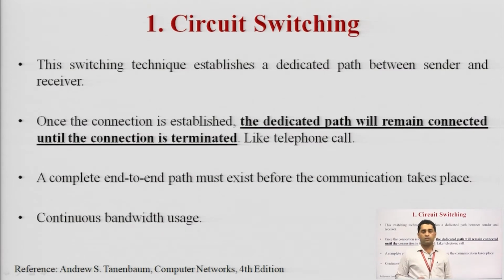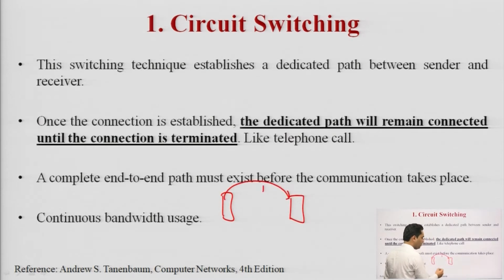Circuit switching. In layman's language, you can understand it like this: I am calling my friend. The phone rings, my friend answers the phone and a complete loop is formed. Now, whatever I am saying, hello, how are you, why are you not coming to college, where are you traveling, I am asking these questions and my friend is replying.